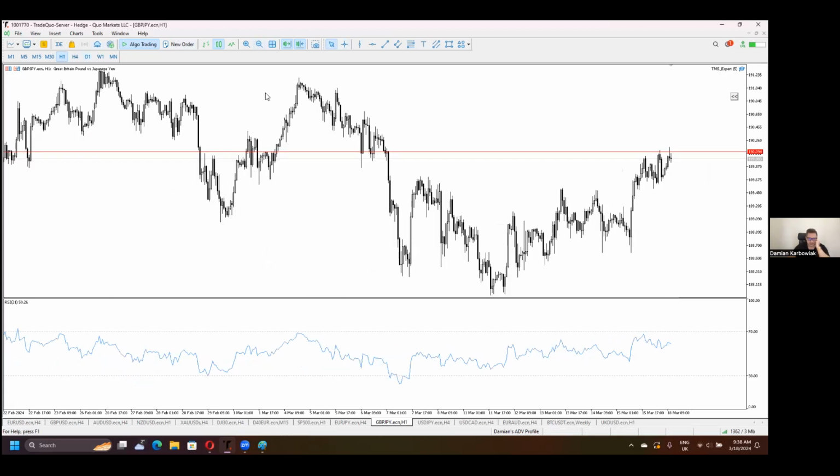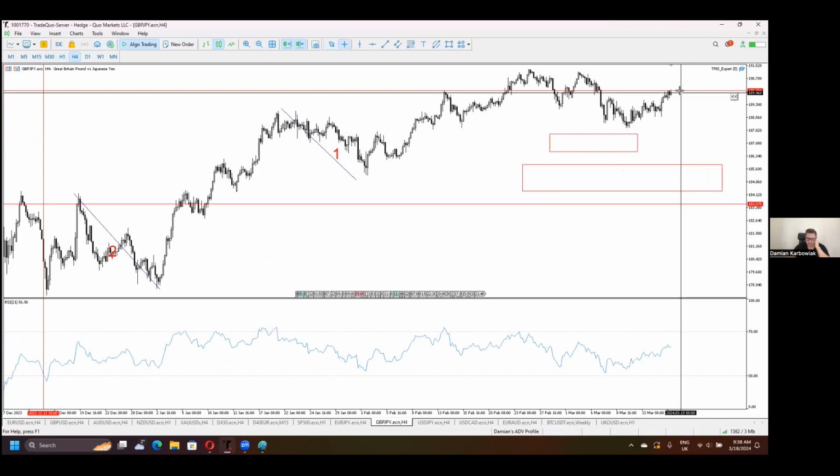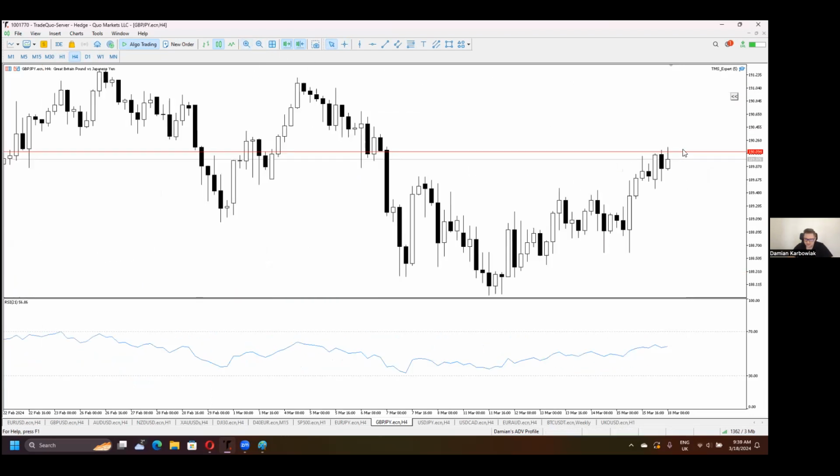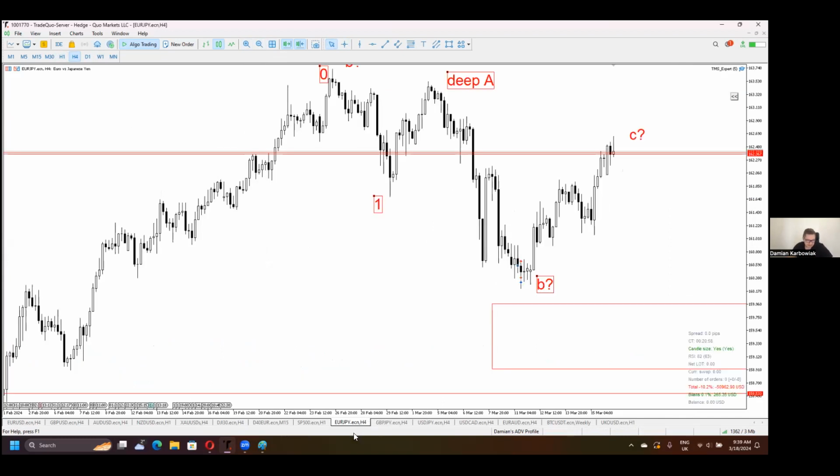Let me see the profit. Risk is below 20 pips. Expectation over 240, 10-1, 11-1, or even 12-1. At the end, the choice is yours. When the H4 closes in this shape, comparing USD JPY, Euro JPY, then definitely Euro JPY looks better.